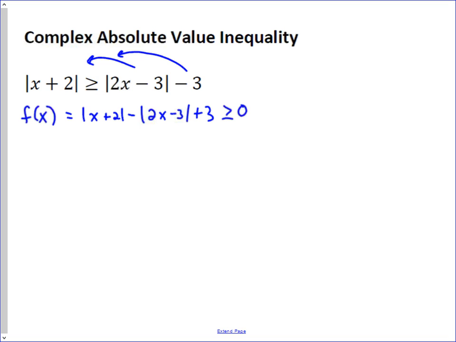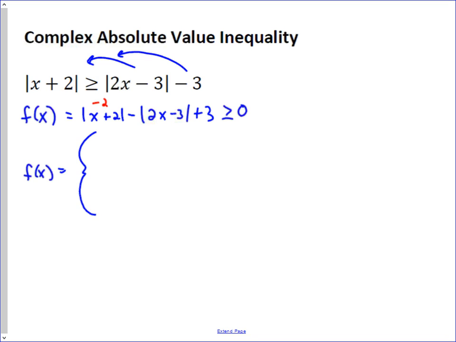functions that are absolute value can be broken into what is called a piecewise function. And the pieces of the function happen in the intervals by which the absolute values themselves are 0. So when is this one 0? It's 0 when x is negative 2. So that first absolute value, x plus 2, equals 0 at negative 2.